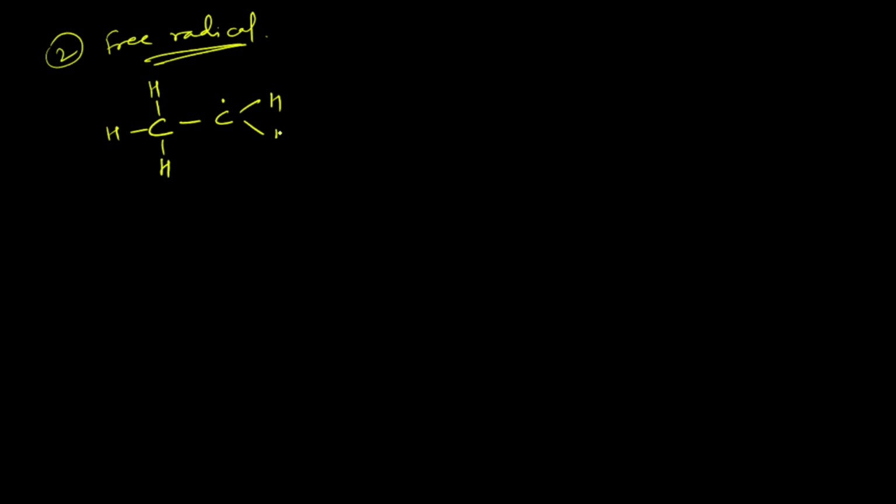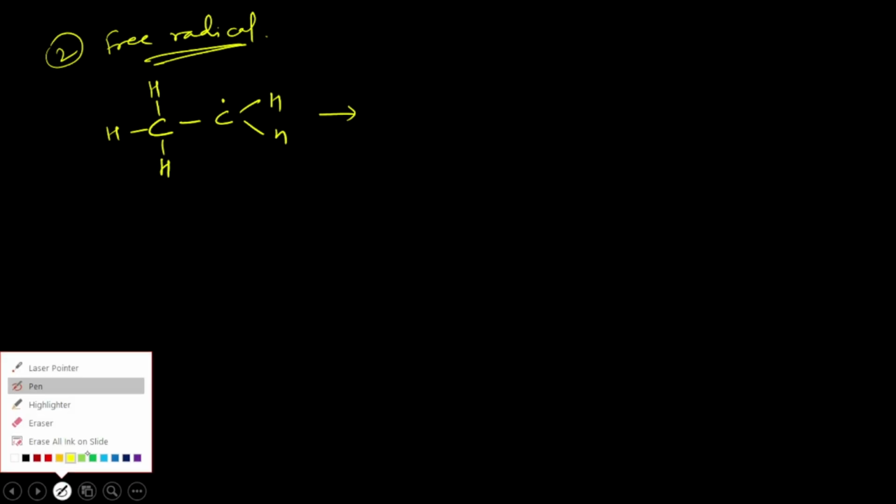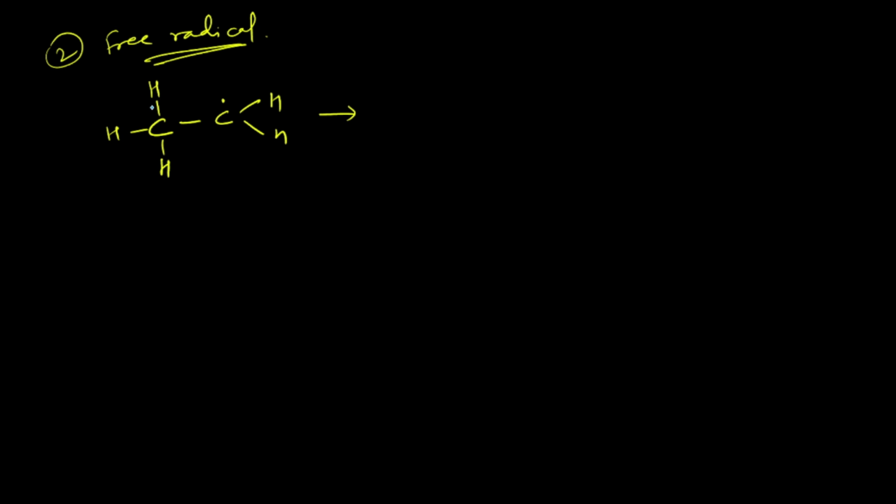So hydrogen and hydrogen. In a simple way, what is happening? First step, we know that there will be 2 electrons in this bond. One is mutually shared between carbon and hydrogen: one electron from carbon and another electron from hydrogen. I'll use a different color so that it will let you know how this movement is happening.